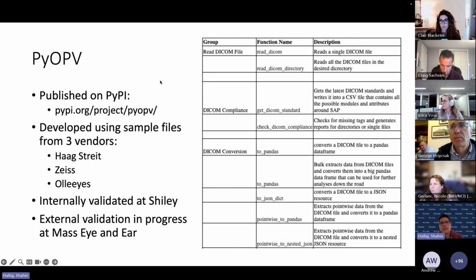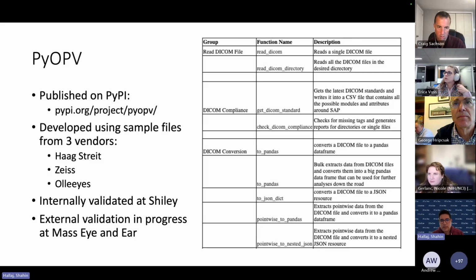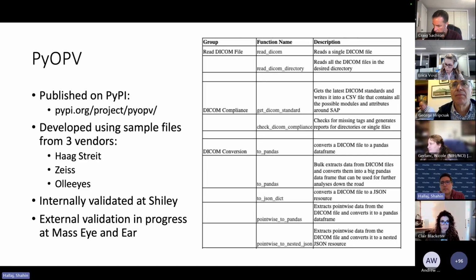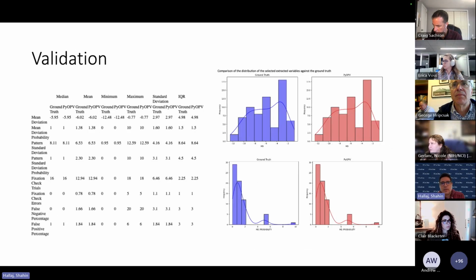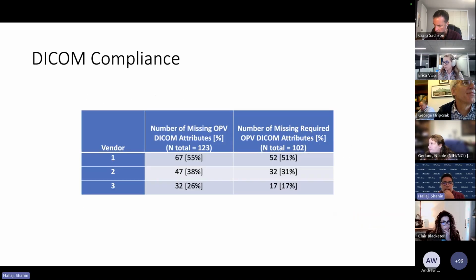And then as another step that we took, we designed a software package that basically extracts those data files and converts them in bulk to a very huge pandas data frame, which can then be used for ETL purposes and loading into OMOP CDM data resources. And we internally validated that software package, and the external validation is pending.